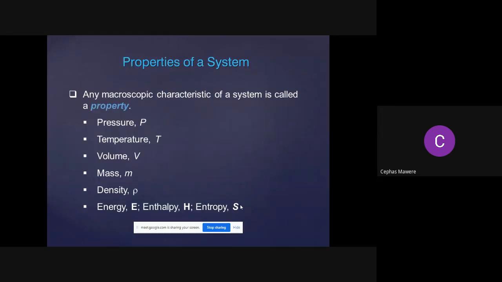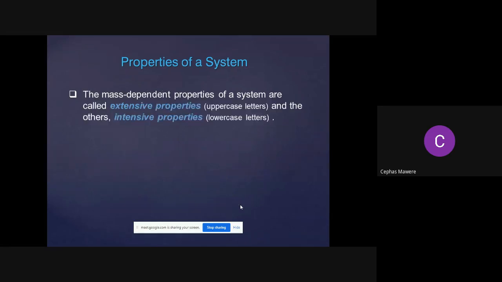Right, but it's also equally important for us to understand and appreciate the different properties of a system. These are actually macroscopic characteristics of a system, and we call them properties. So a property includes pressure, temperature, volume, mass, density, energy, enthalpy, entropy, and so on. And these properties can be dependent on the mass of a system, or they may be independent.